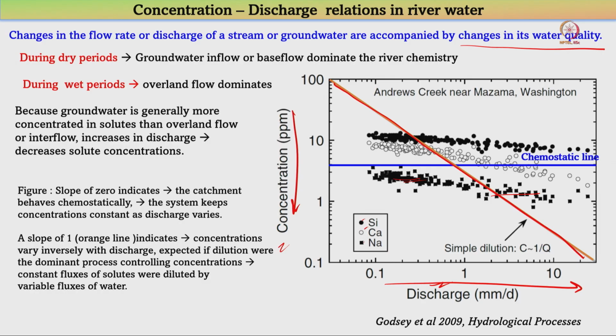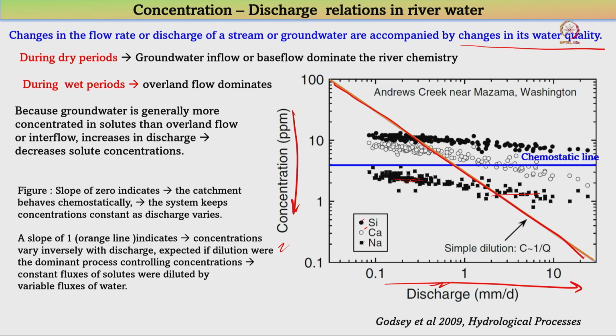Okay. The reason is that when there is a lot of increase in discharge, the concentration of these elements also rises, because it is getting released from different kinds of reactive zones, coming from more weathering. So, weathering also increases with discharge.